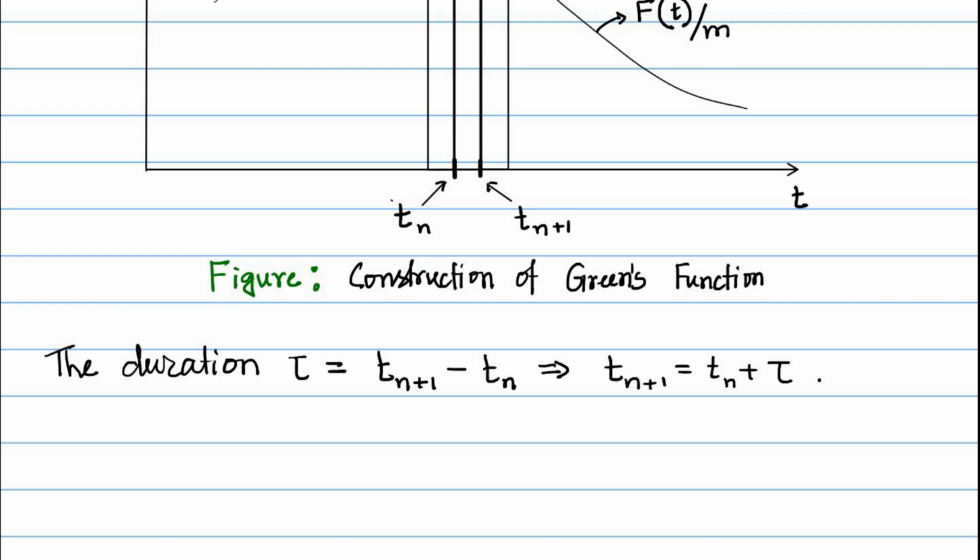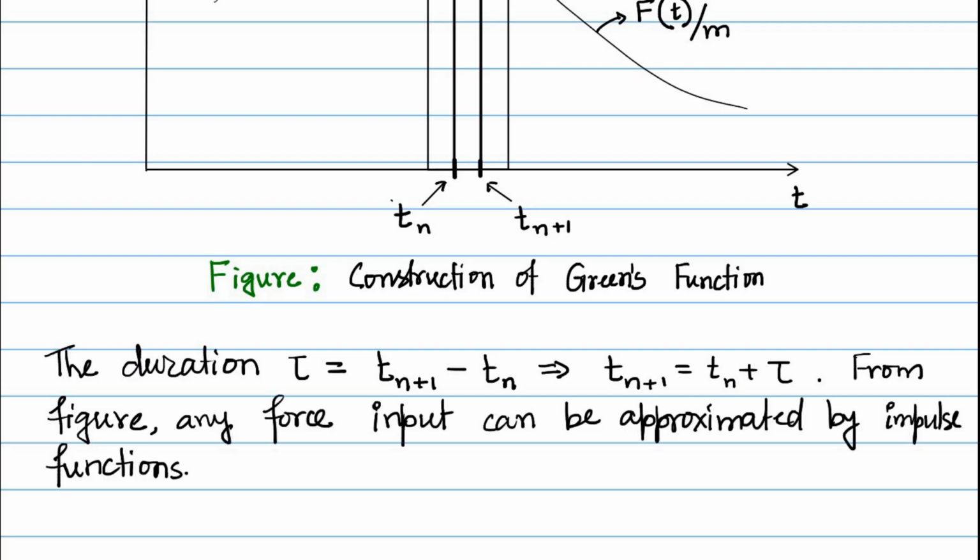And we're already assuming tau to be small, because at the end we have to take tau tends to 0 anyway. So from the figure we can essentially see how to recreate or approximate any force input by means of impulse functions.